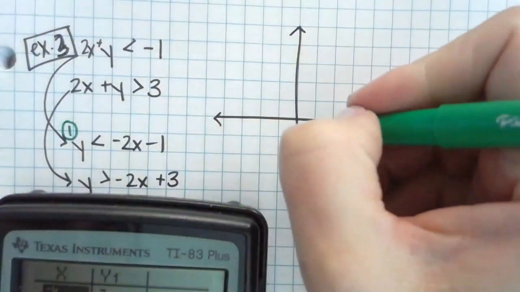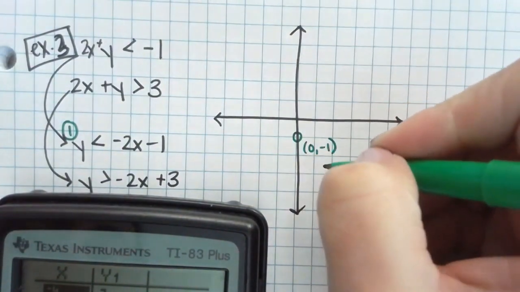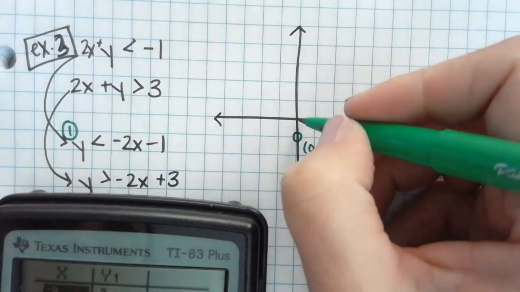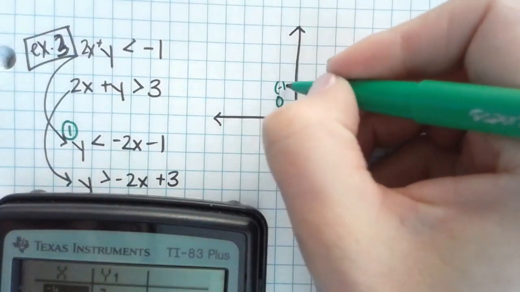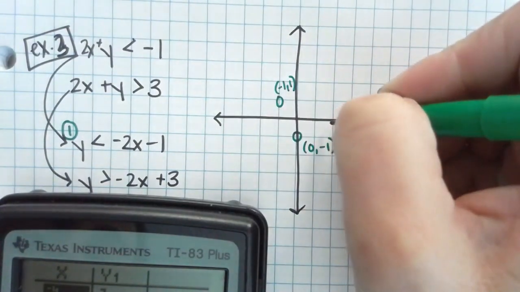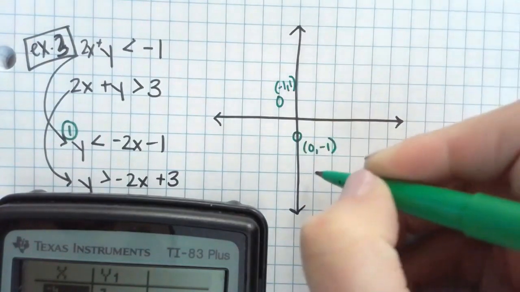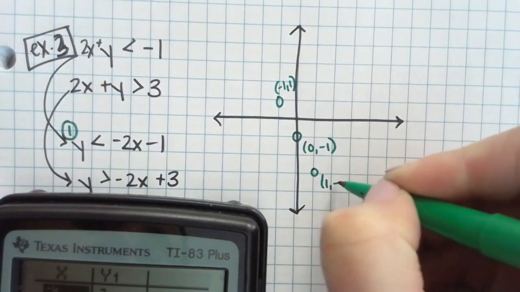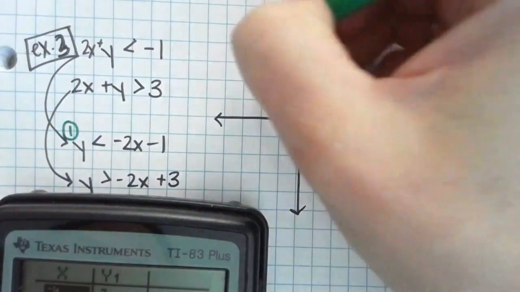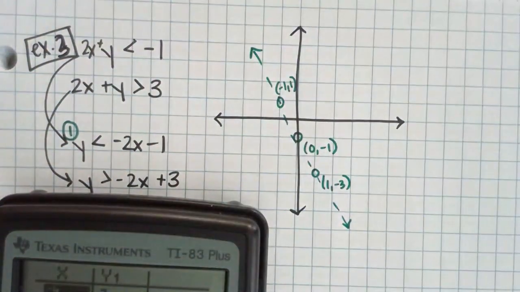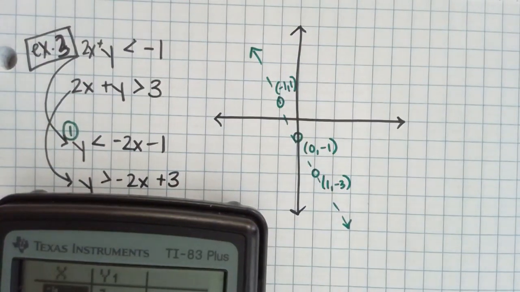So we've got 0, negative 1, and these are all open circles. 0, negative 1, negative 1, 1, and let's do 1, negative 3. All right, so there's my first inequality, but I need to figure out where to shade it.